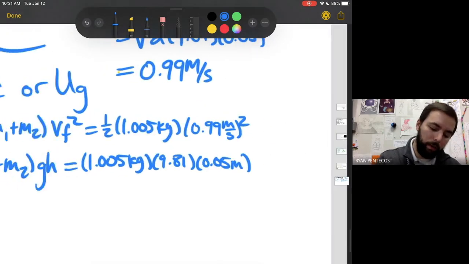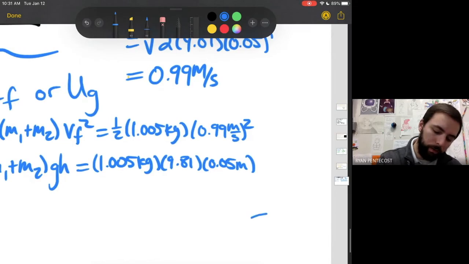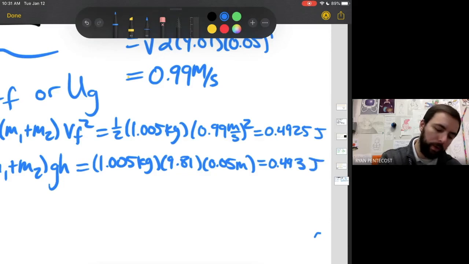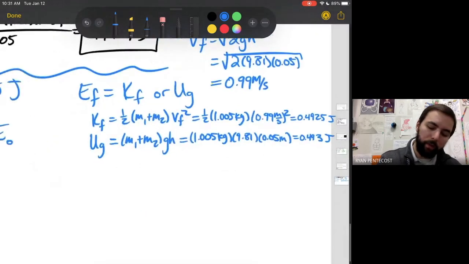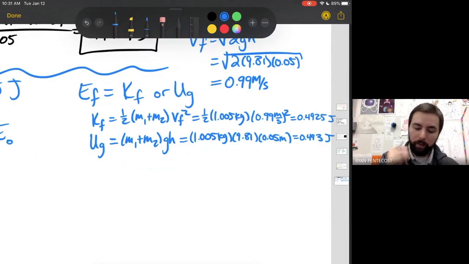Here you get 0.4925 joules. And then here we get 0.493 joules. That's really going to come out to 0.49295, which you would round. So really close, right? So we get basically 0.5. We'll call that 0.5.